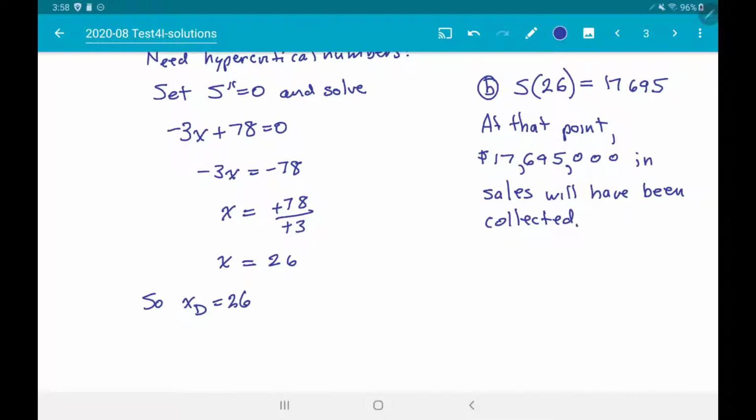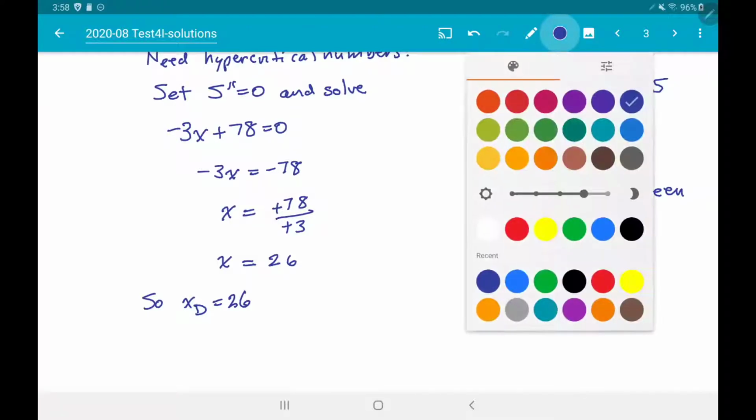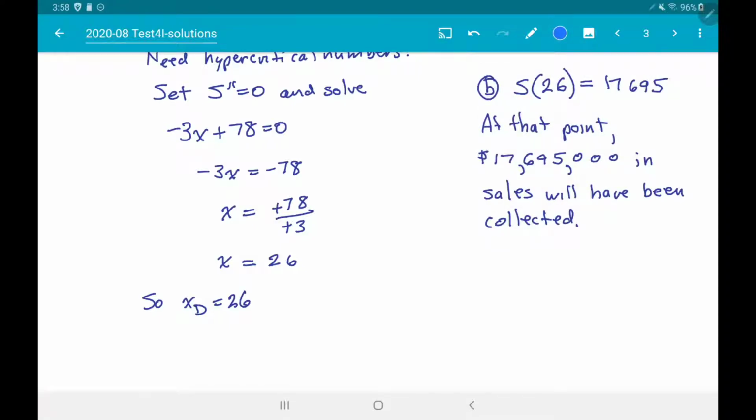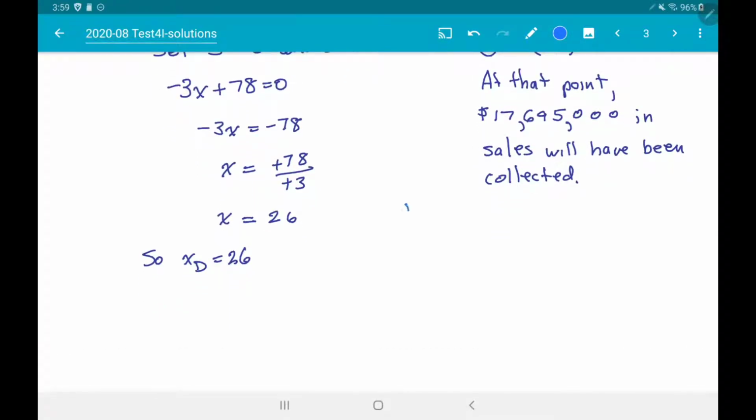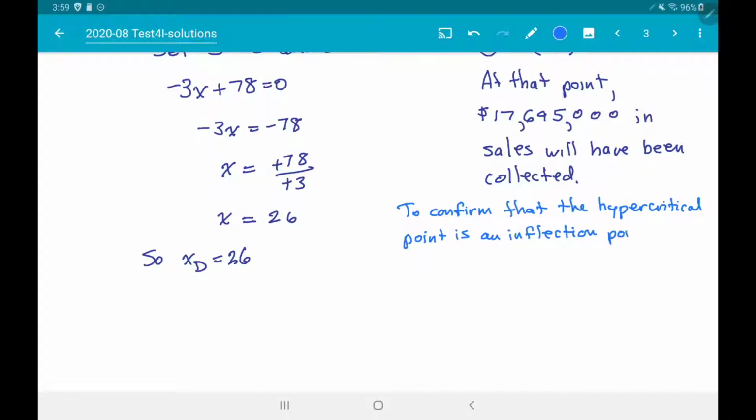Okay, now one or two last things here. I'm not going to require you to do this, but if you wanted to confirm that the hypercritical point is an inflection point, well, you could put in some test numbers.